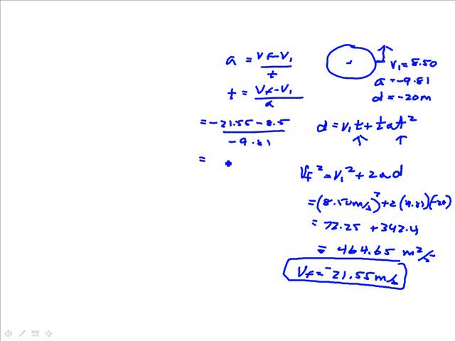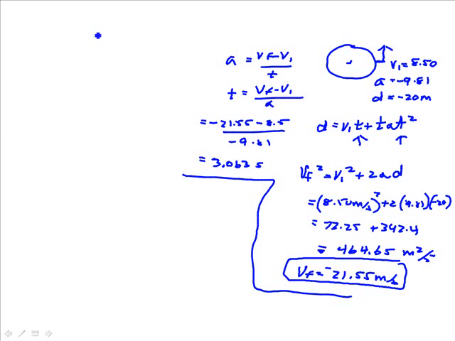And we get 3.063 seconds. That's the time of flight if the Ferris wheel was moving up.